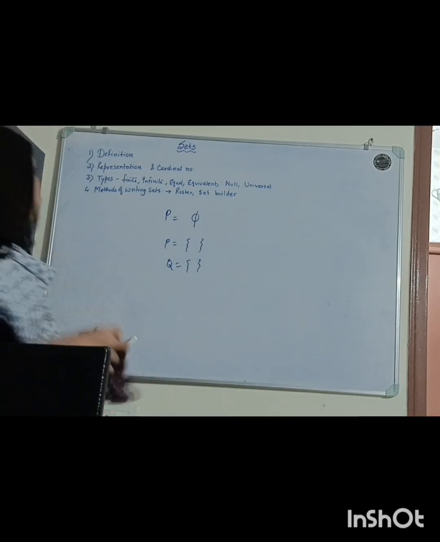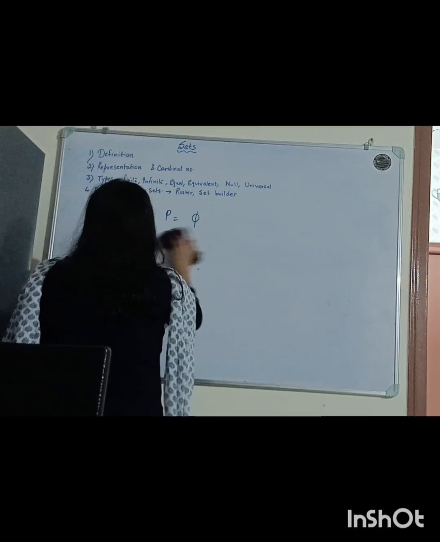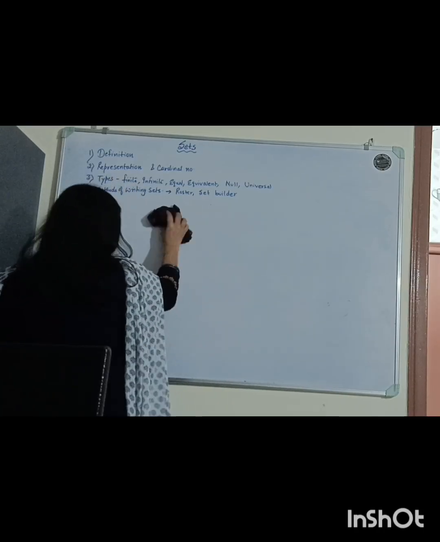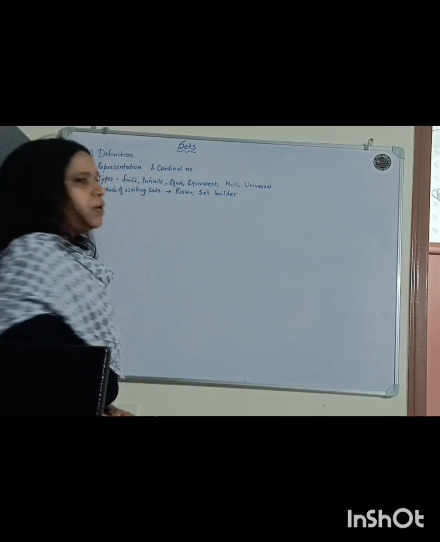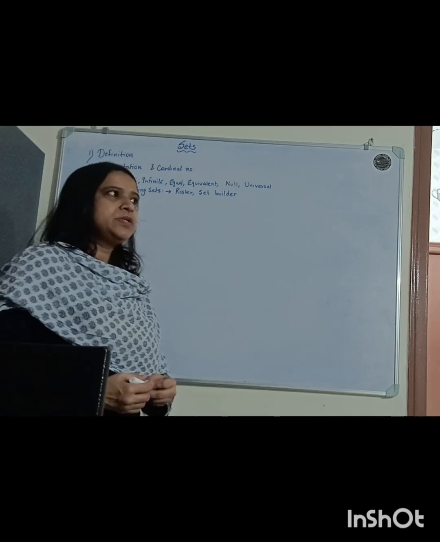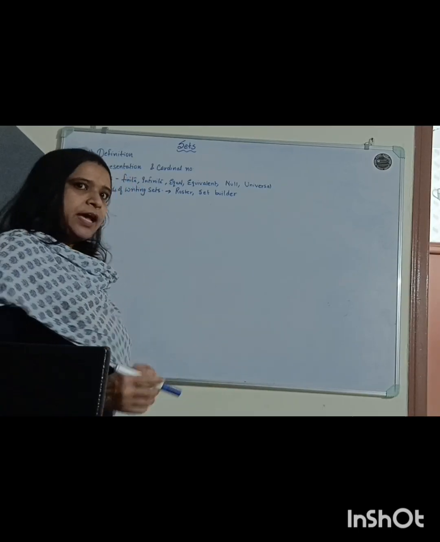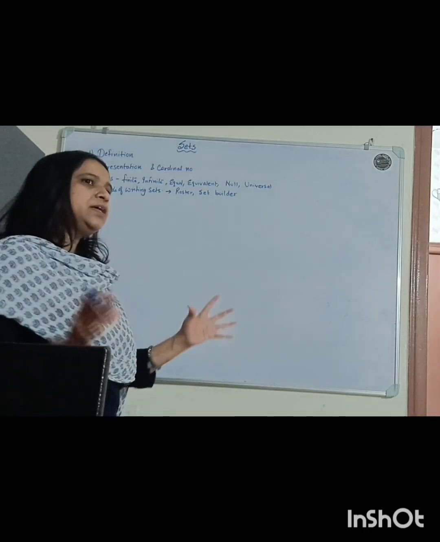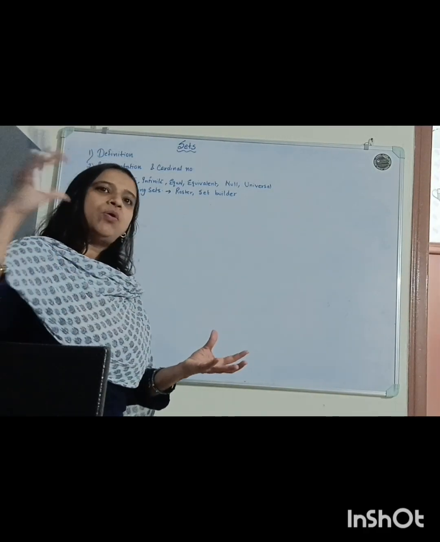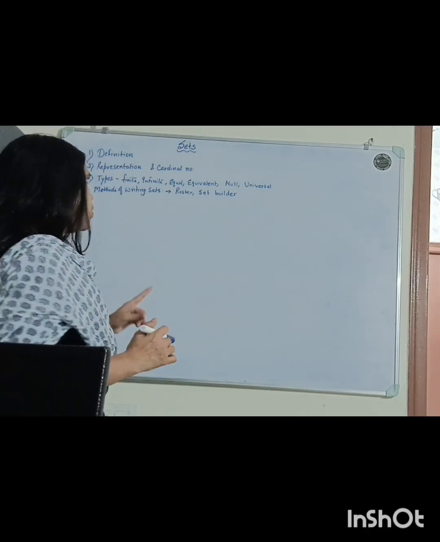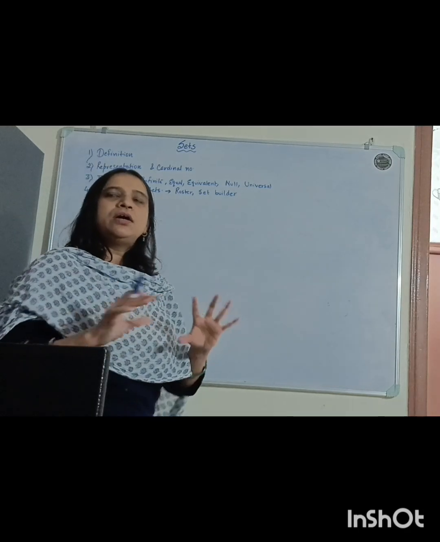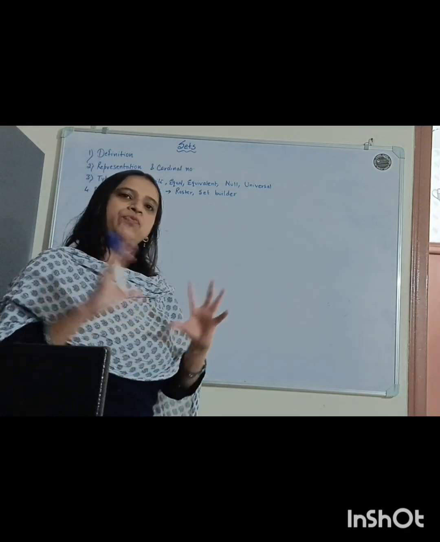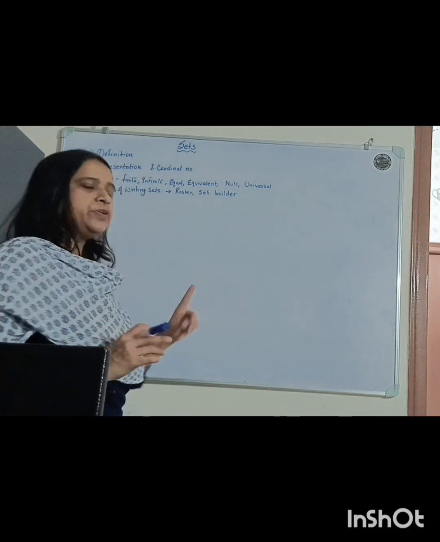Now we will study what a universal set is. If we are discussing any particular property, if we are studying any set, and we take a set which contains all the sets inside it, that set is called a universal set. That doesn't mean that the whole collection of all objects is called a universal set.